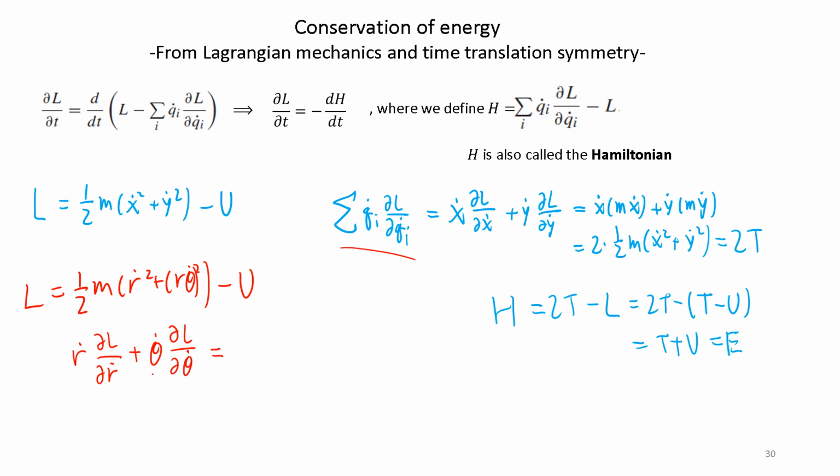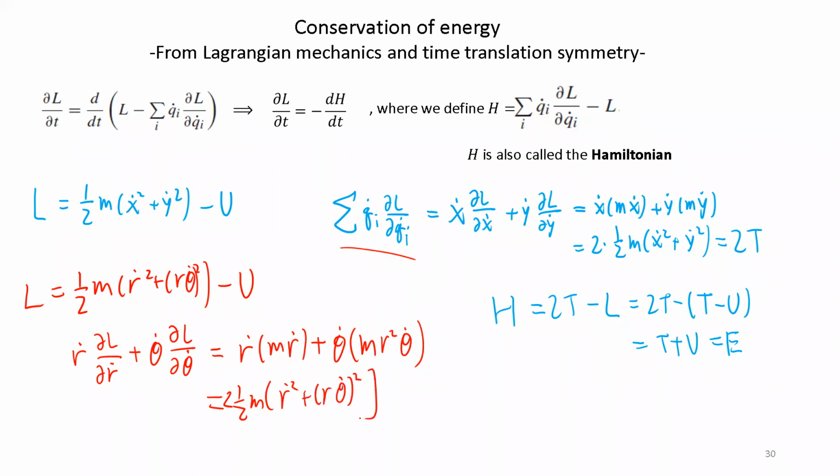If you take the partial derivative by yourself, what you will see is R dot m R dot plus theta dot m R square theta dot. And that would again be equal to 1/2 m times 2 R dot square plus R theta dot square. This is again equal to 2 times kinetic energy.